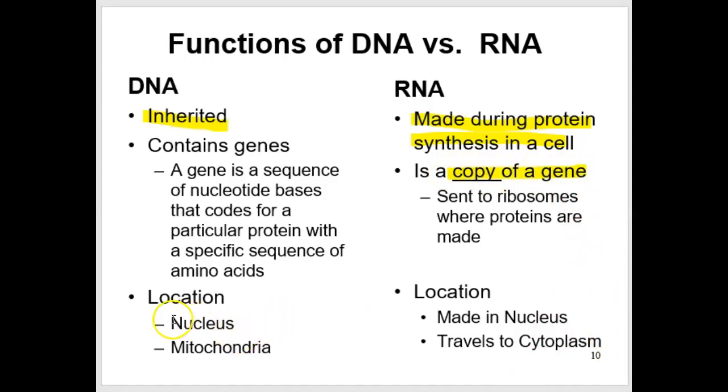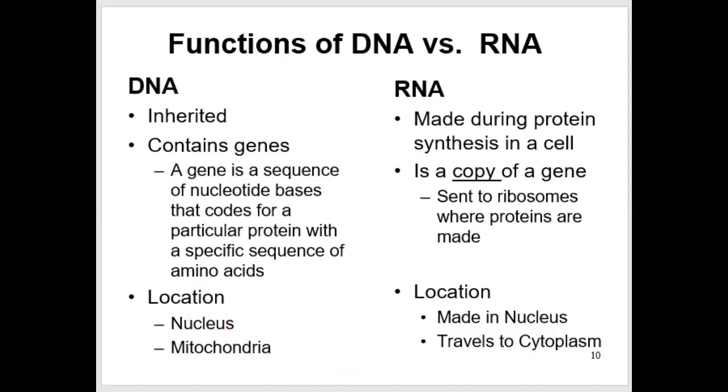DNA is always located in the nucleus, or the mitochondria. But RNA, while it's made, the copy of the gene is made in the nucleus, the copy will leave the nucleus and go out to the cytoplasm where protein synthesis will occur.